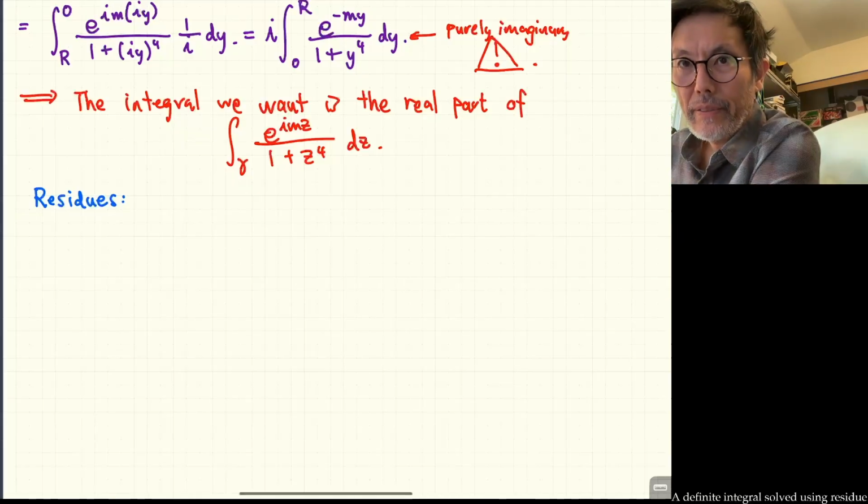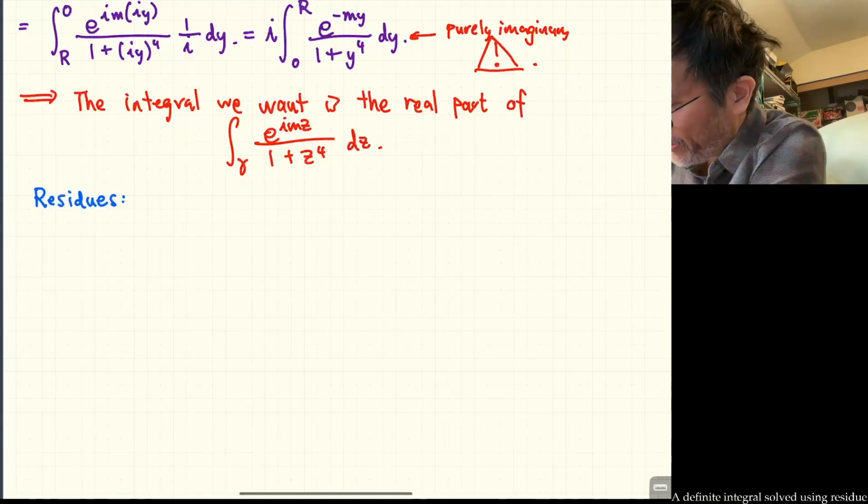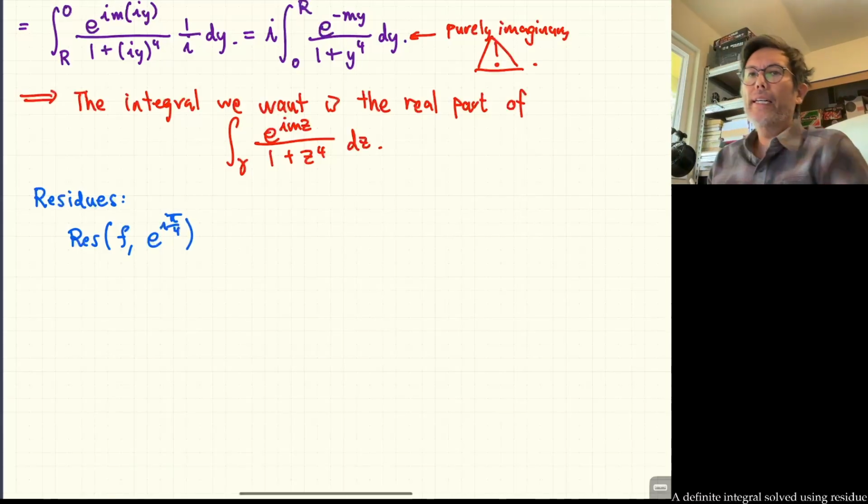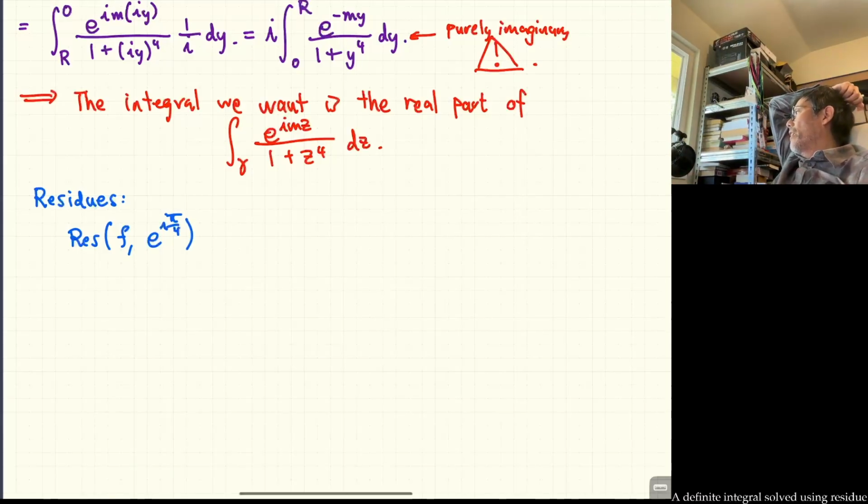So what I want is the residue of f at e to the i pi over 4, because this is the only residue that lives in the interior of this guy here. Now, I claim, and I'm right, that this is a simple pole.